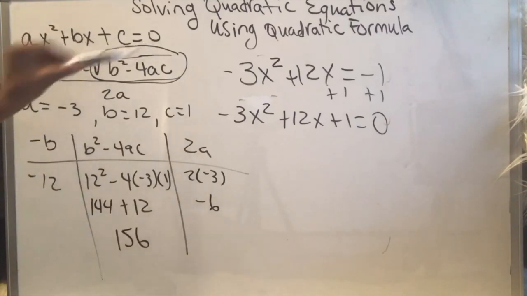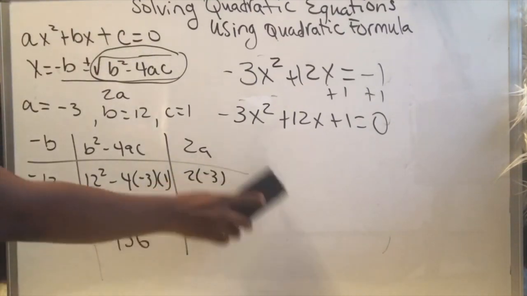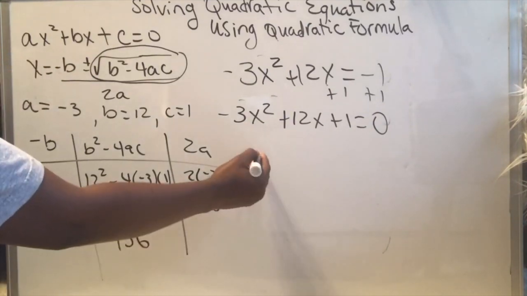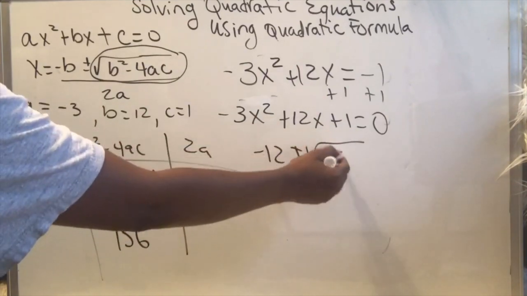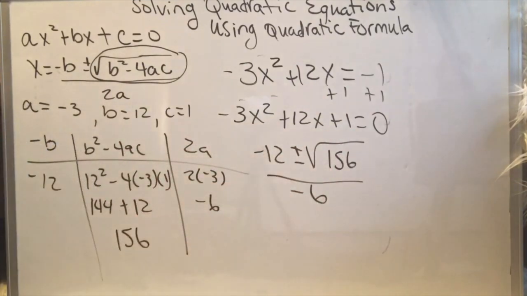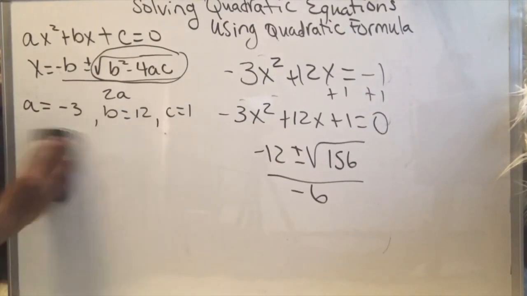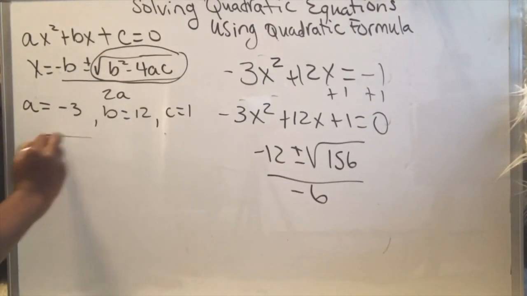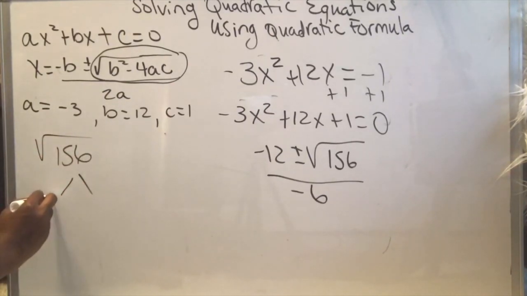I'm going to plug this all back into the original formula. So negative 12 plus or minus the square root of 156 over negative 6. Well, now we have a square root of 156. Remember, with that, we have to find our prime factors. And so I'm going to start with 2 and 78.